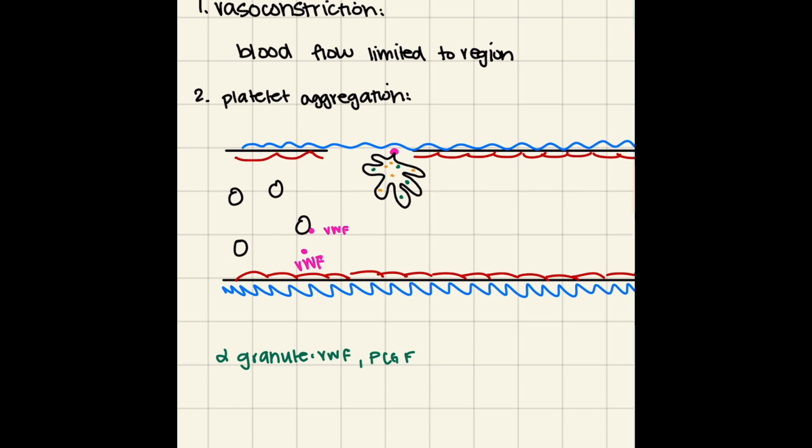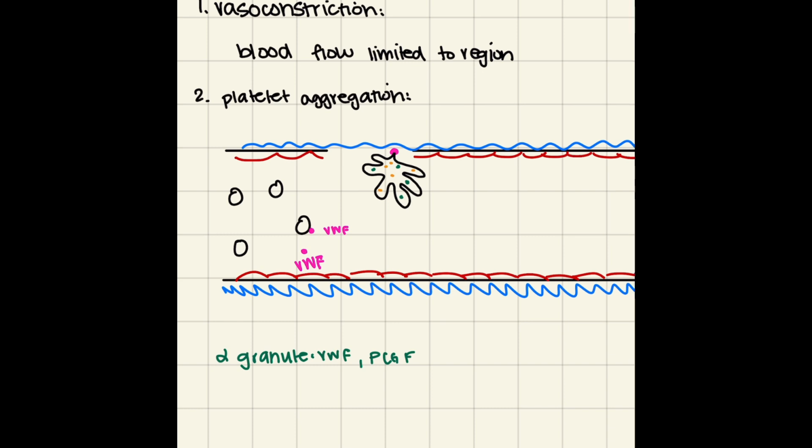For some reason the acronym has left me, but we release this by the alpha granule. And what happens is it makes the other cells multiply faster. So cells around it are going to be getting ready to heal and really increase the rate of the healing process because we're releasing this growth factor that I can't remember the acronym for.